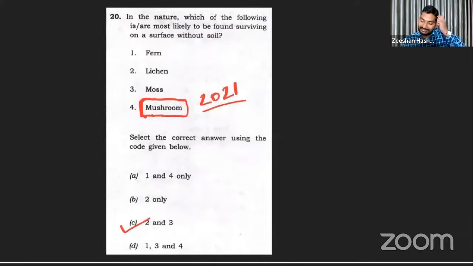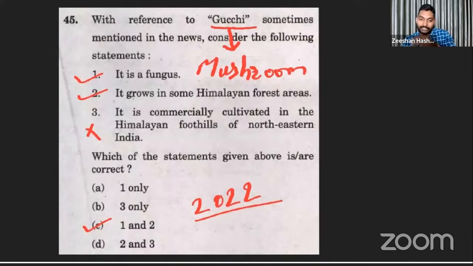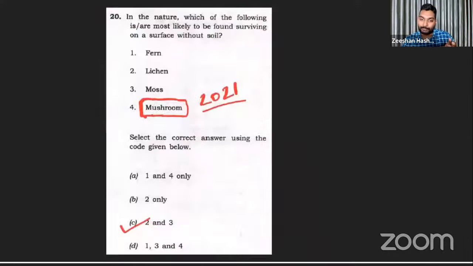Now, say for example, in 2021 prelims, there was a reference to mushroom, and after the 2022 exam, I had discussed how UPSC has been following a particular trend, how it has been recycling past year questions, comparing it with this 2022 question, Gucchi mushroom, again a direct question drawn from 2021.